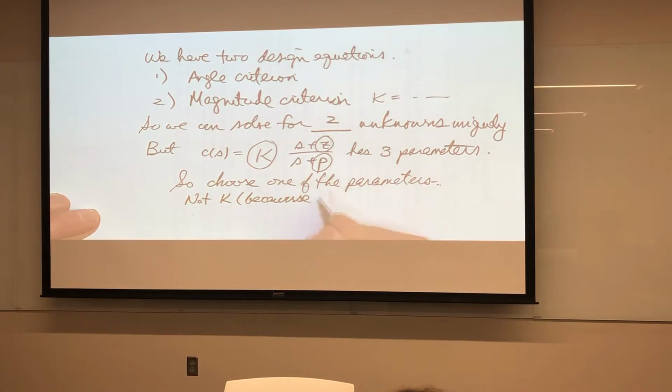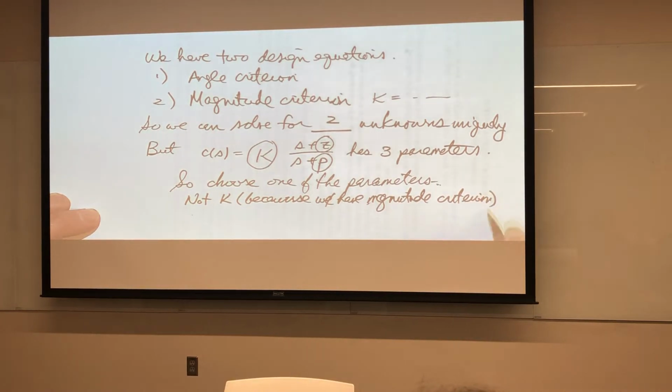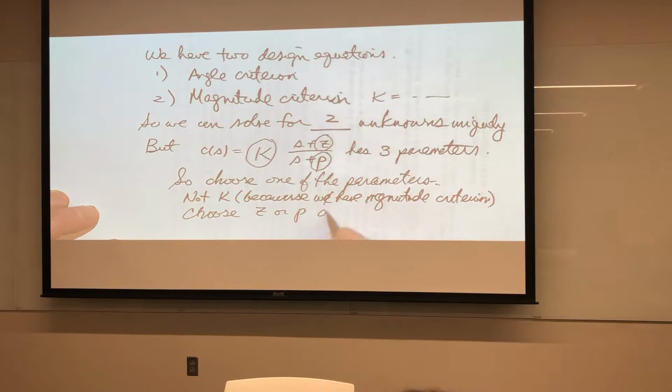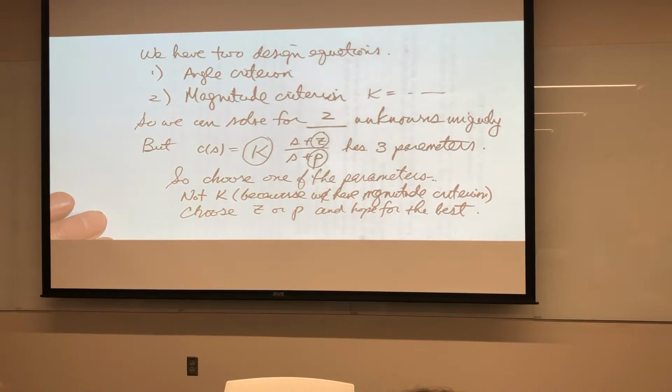Because we have the magnitude criterion, we choose one of the parameters, not K. We choose z or p and hope for the best. And when I say hope for the best, I'm not joking.